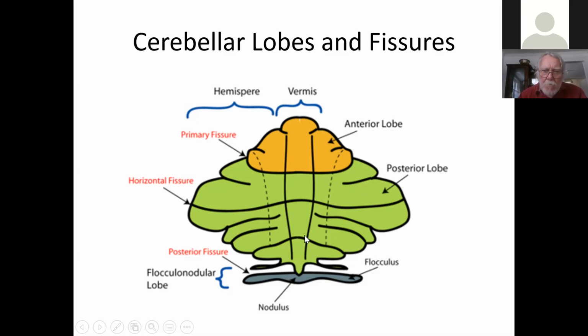Then the posterior lobe is separated from yet another small lobe by the posterior fissure. And that 3rd lobe has the sort of wild name of the flocculonodular lobe.